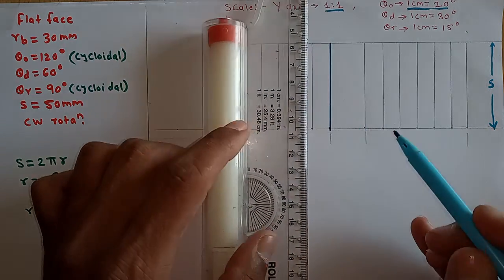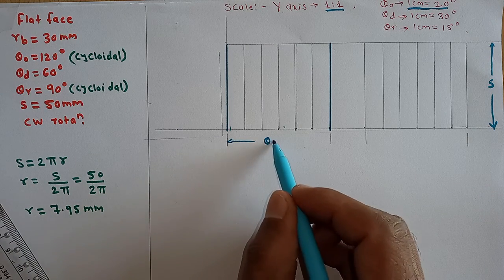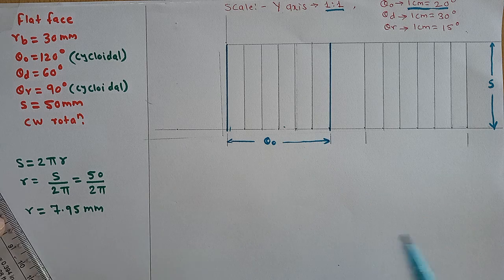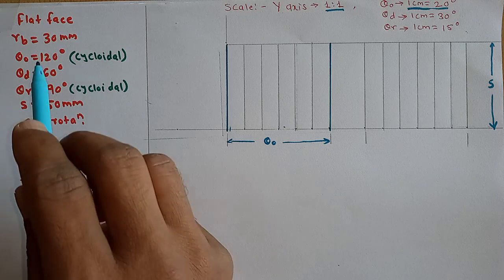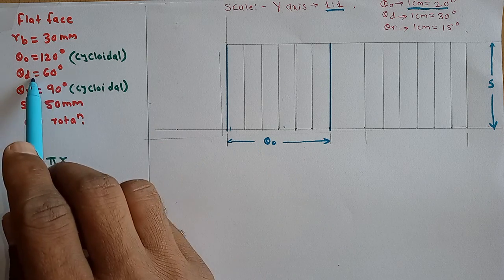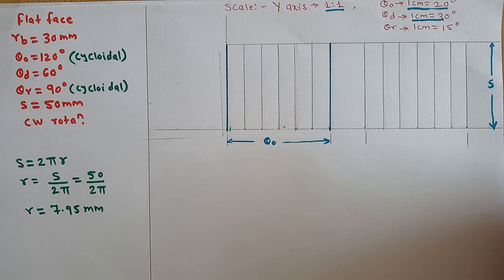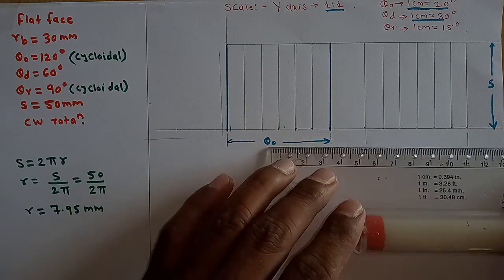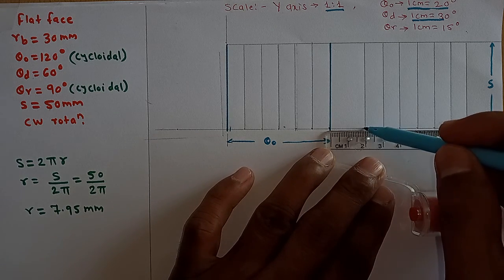So this is my outstroke angle theta O, taking 1 centimeter as 20 degrees, which is followed by dwell period of 60 degrees. For dwell period, I have taken scale of 1 centimeter equals to 30 degrees. So 2 centimeter will give 60 degrees of dwell period.